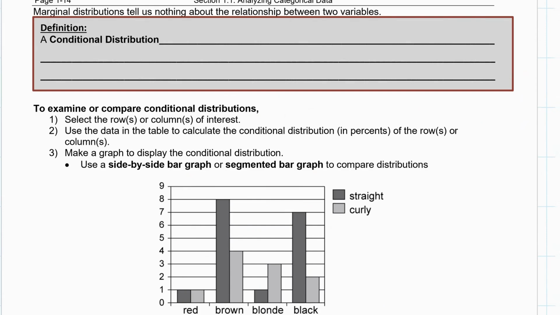Well, a conditional distribution of a variable describes the values of that variable among individuals who have a specific value of the other variable.